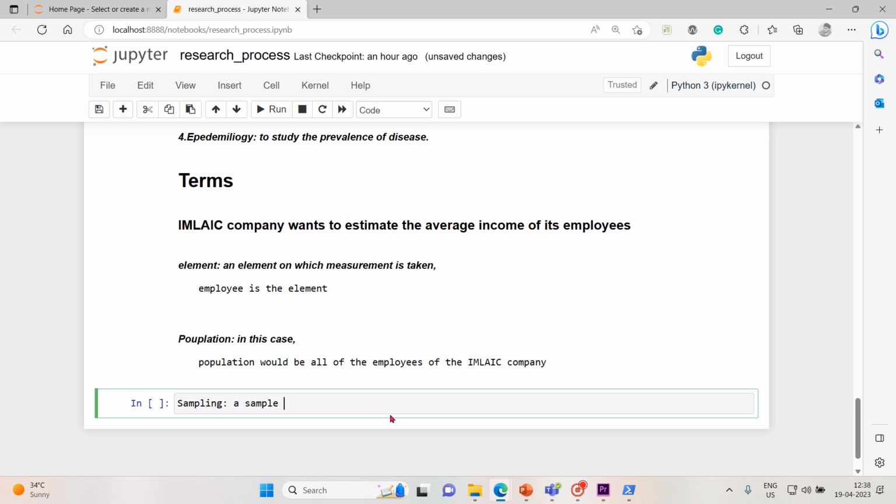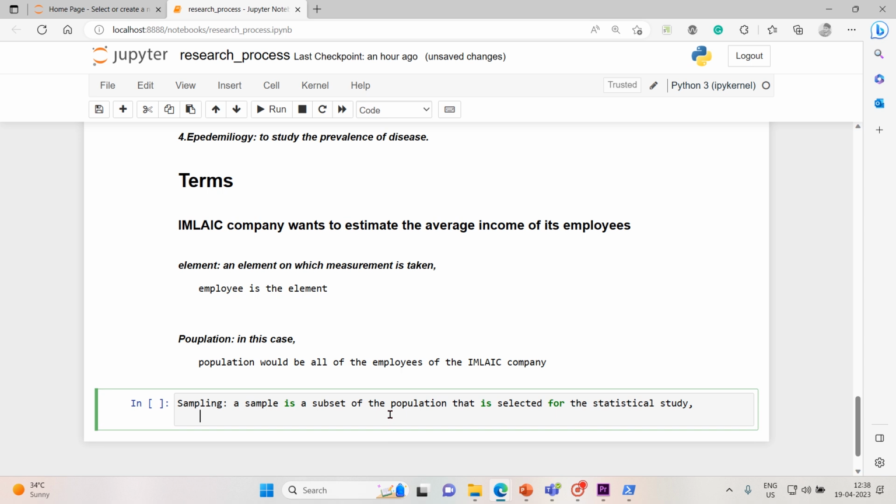A sample is a subset of the population that is selected for the statistical study.